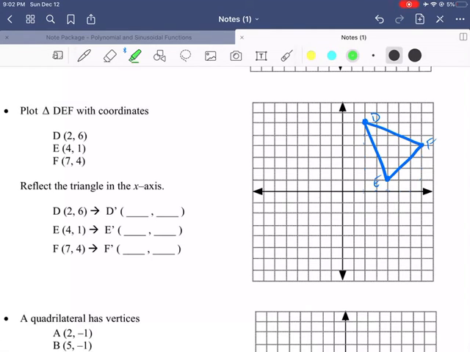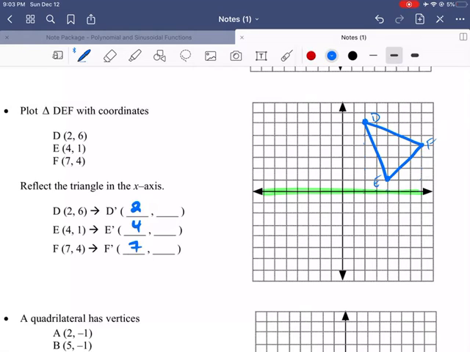So pause the video, highlight the axis you're flipping it in. There we go. So in this example, the x-coordinates aren't going to change because it's not moving left or right. It's moving up or down, being flipped over. So the x-coordinates all stay exactly the same, 2, 4, and 7.